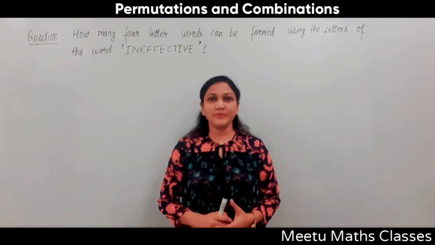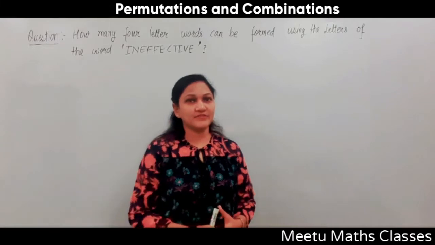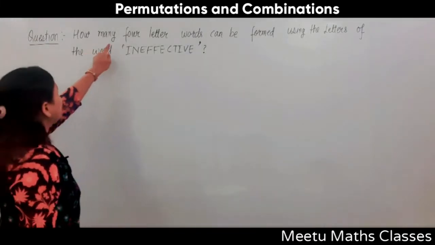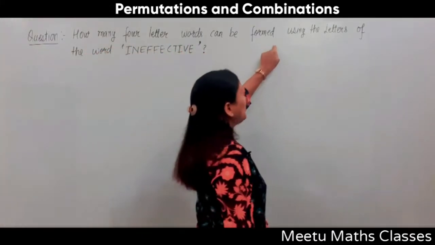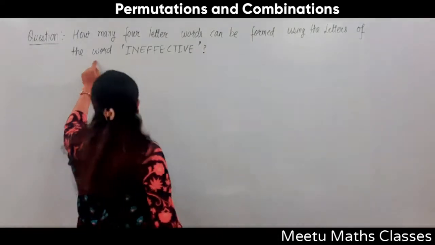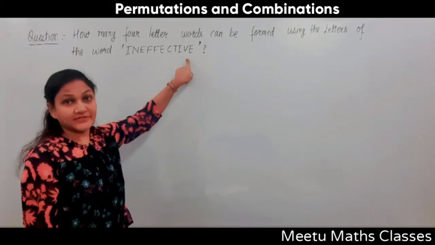Today's topic is permutations and combinations, and your question is how many 4-letter words can be formed using the letters of the word ineffective.